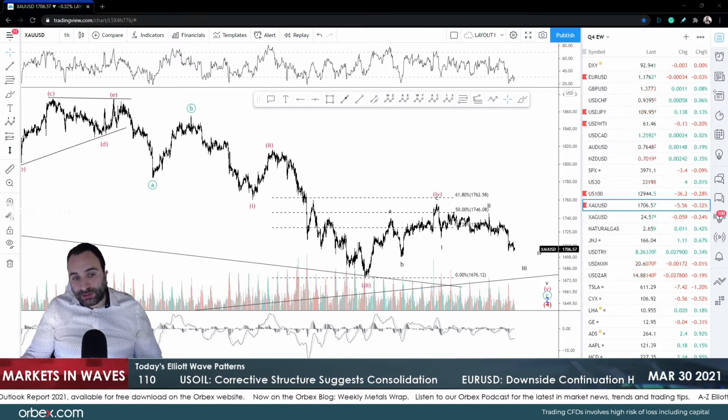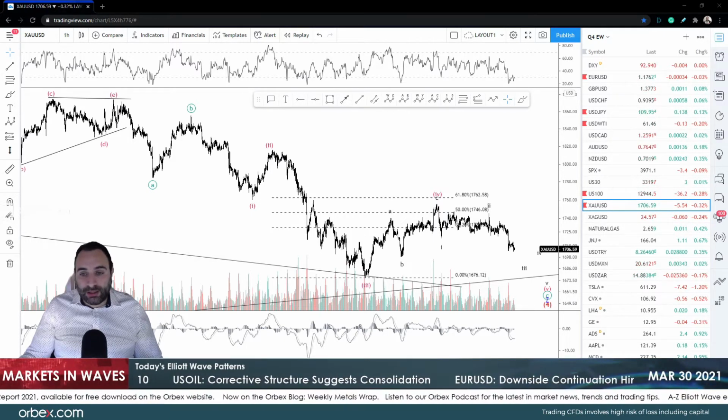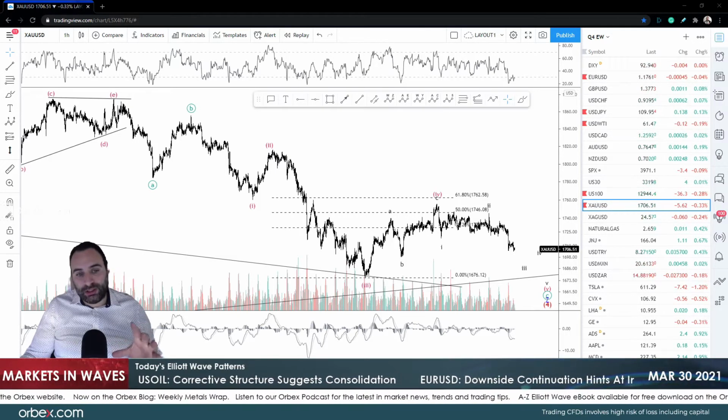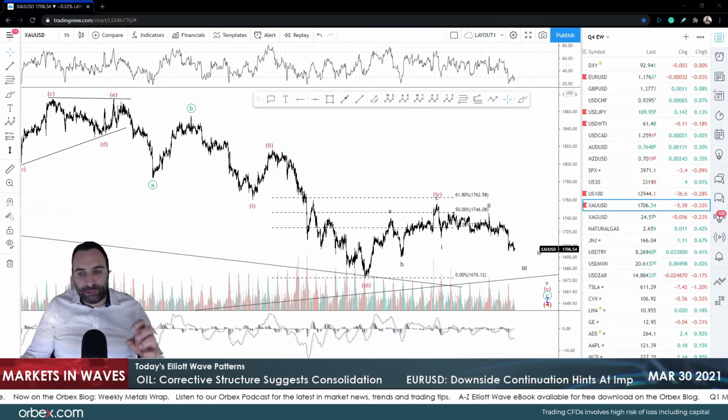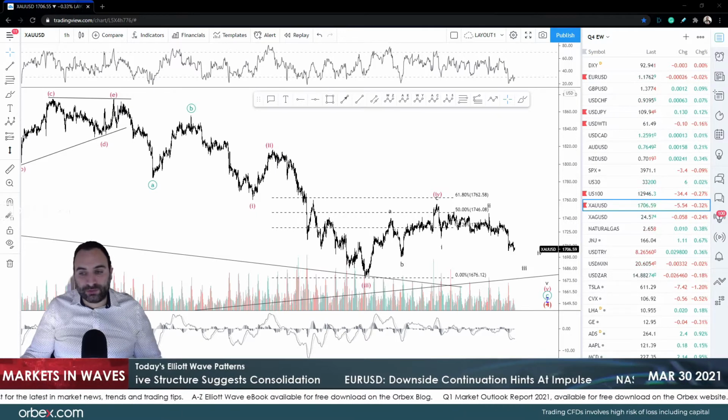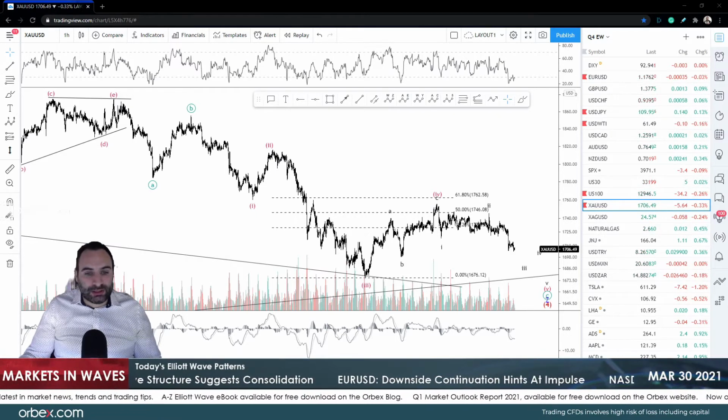Euro dollar seems prepared to reverse as well. And we're going to have also a look at what's going on with the oil markets and also NASDAQ, which are also in consolidation, not a breakout, but a consolidation case, both NASDAQ and oil. But it's very interesting to see what patterns they are likely to form during this period.